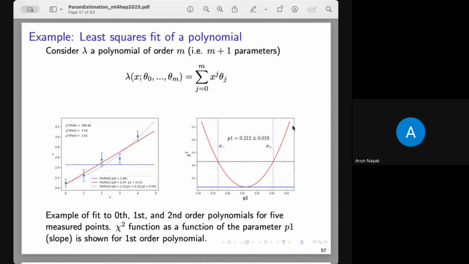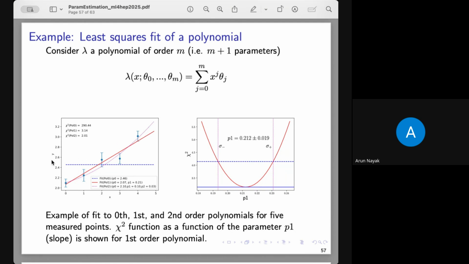So here is an example. I considered a set of, say, 5 points here with some errors. Okay, and then fitted them with 3 different functions: polynomial of order 0, order 1, which is a straight line, and order 2. Then you can see the fitted curves.